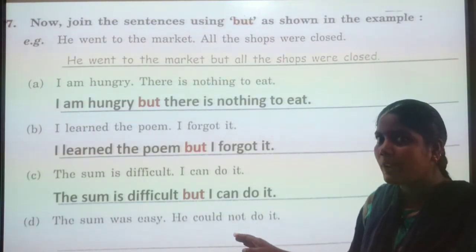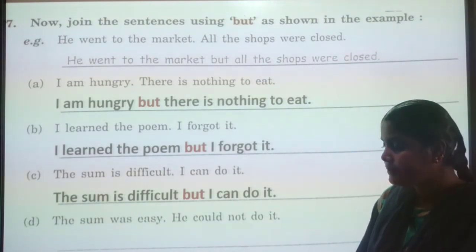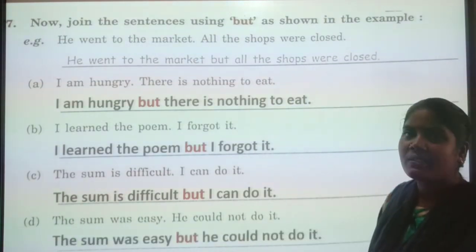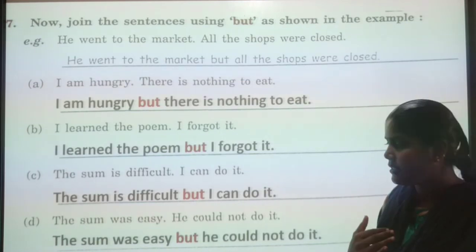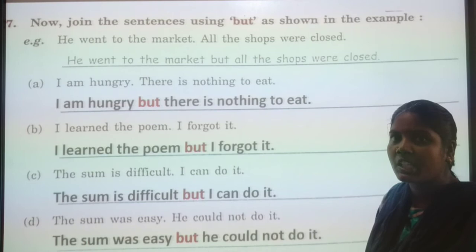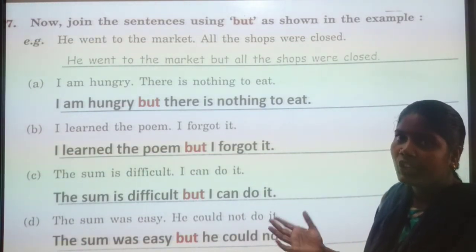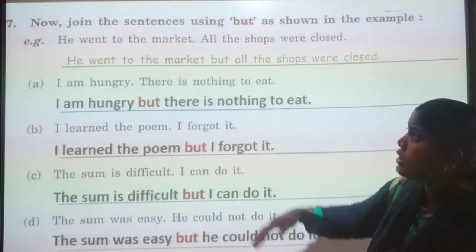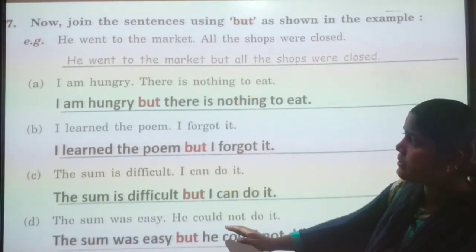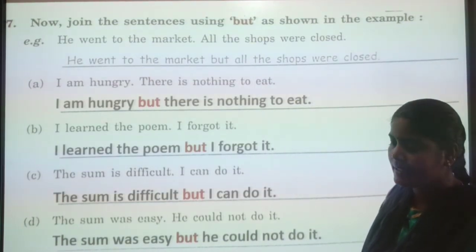We have to use a conjunction there. Then, the sum was easy, but he could not do it. He has some problem, so he could not do it. So, for this sentence, we are using but as a conjunction to join the two sentences.